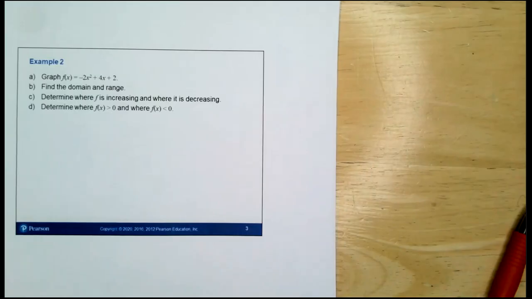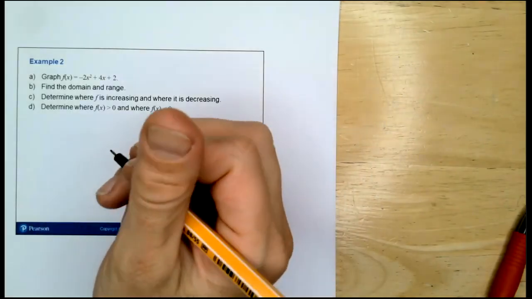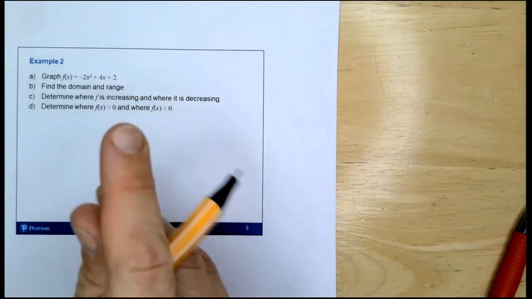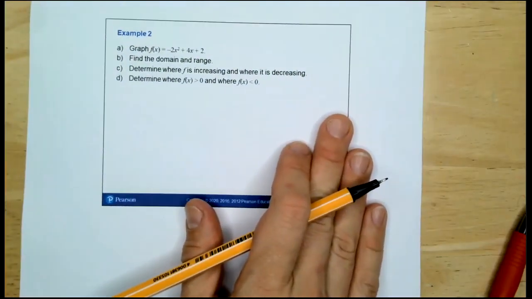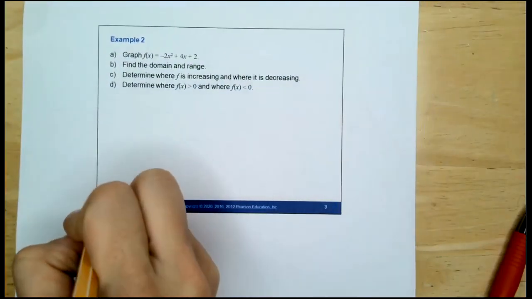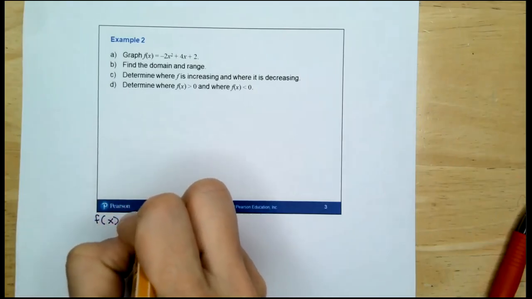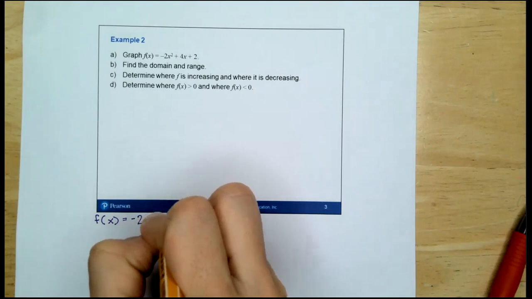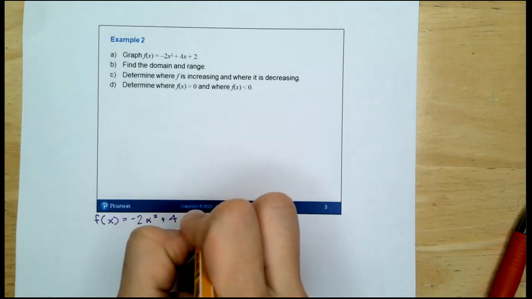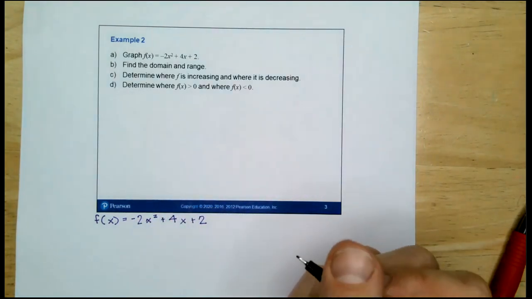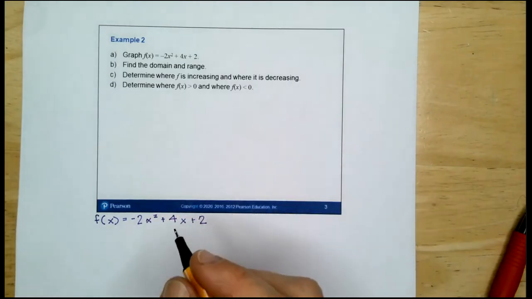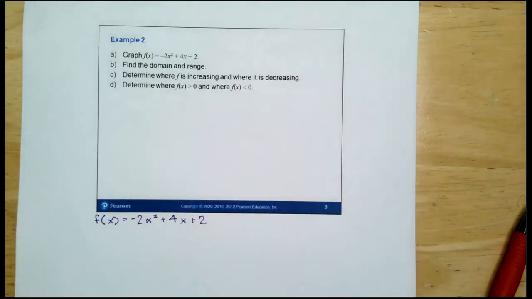It's in standard form, so we're going to do the negative b over 2a to find the vertex. So we have f of x is equal to negative 2x squared plus 4x plus 2. You can start in whatever order you want, but generally they're going to ask you first for the vertex.